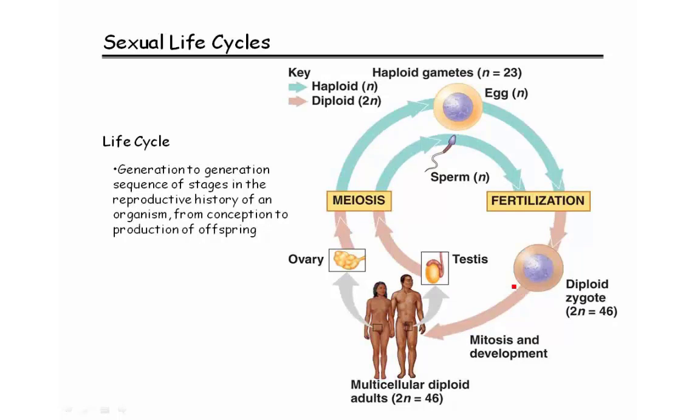So we're going to start with these parent cells, which are somatic cells, which are diploid and contain 46 chromosomes, and we're going to end up with daughter cells, which are haploid, which contain 23 chromosomes. So we're cutting the chromosome number in half. Notice the top part of this diagram is haploid cells, and the bottom half is going to be our somatic cells.